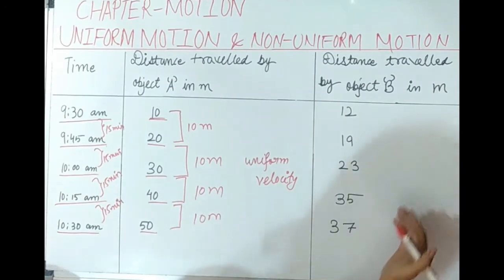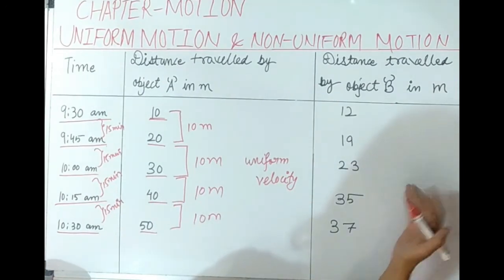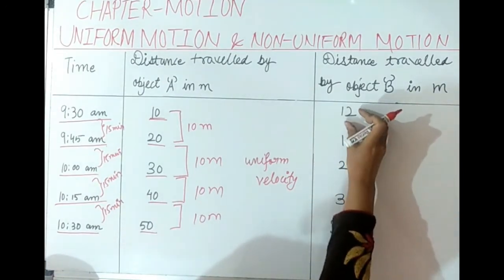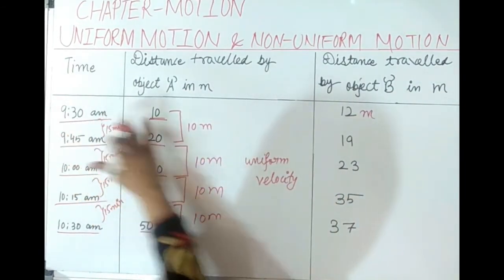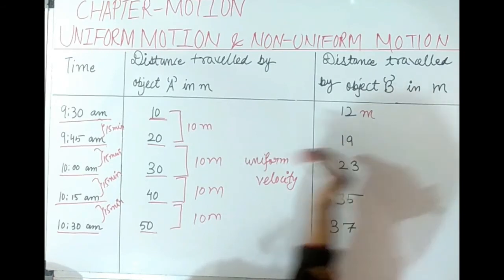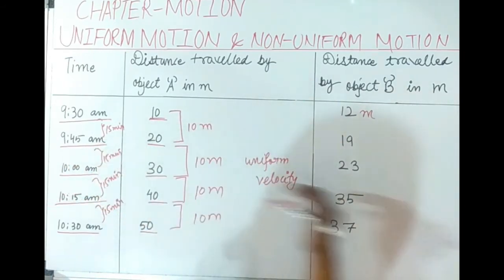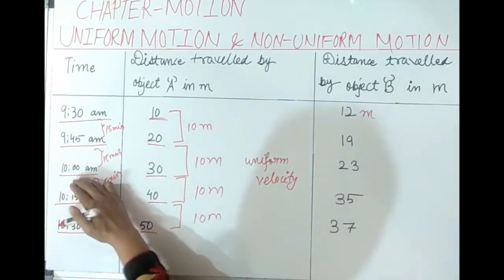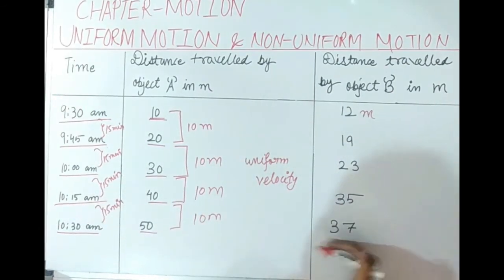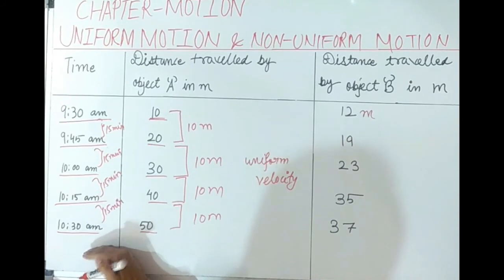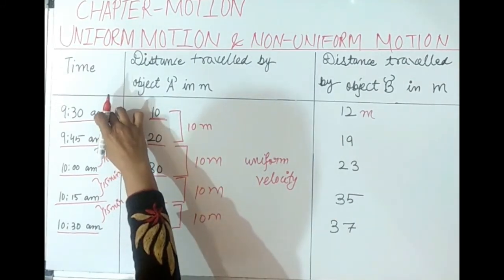Now let's consider the next case. Object B has moved 12 meters at 9:30 am, 19 meters at 9:45 am, 23 meters at 10 am, 35 meters at 10:15 am, 37 meters at 10:30 am. The time interval is 15 minutes.